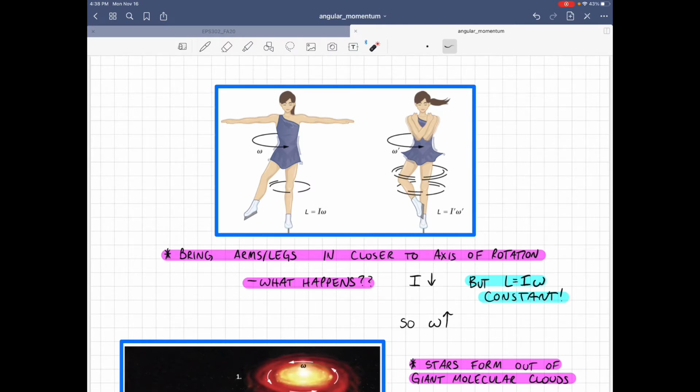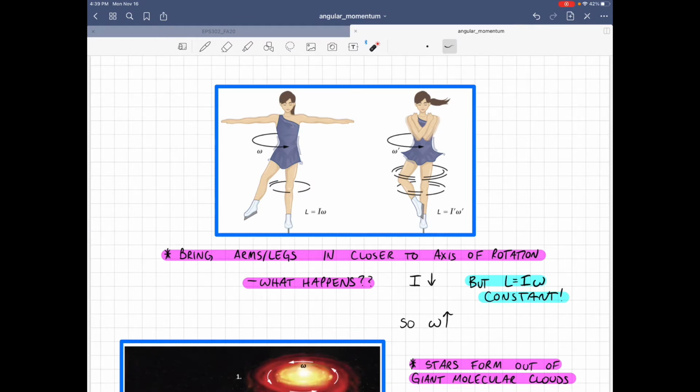Now, this conservation of angular momentum has a whole suite of applications that you have seen or have experience with on a day-to-day basis. Some of the most popular examples include figure skaters. So when figure skaters, and we'll watch a video in class, when figure skaters are doing their spins and they have their arms and legs out, they are rotating with some angular speed, and then the distribution of their mass defines some moment of inertia about this axis of rotation.